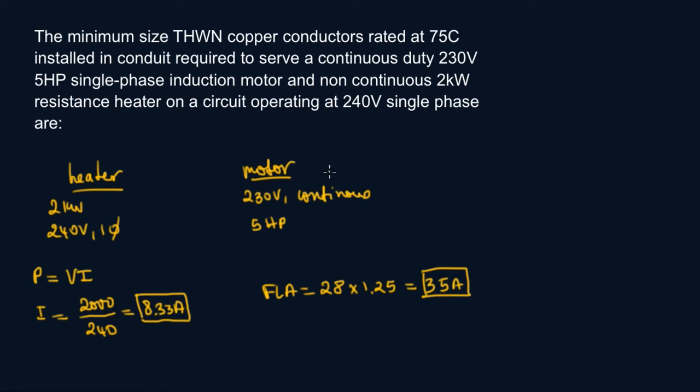Just remember that. Put that in your notes somewhere. You don't necessarily have to go back to that section, but it's something you need to know automatically. When you see continuous, automatically put that in there. So our total load would be, of course, 35 plus 8.33, and this is equal to 43.33 amp. That's our total load.